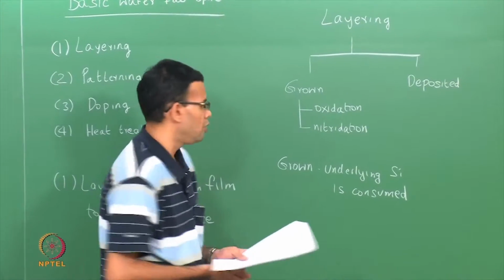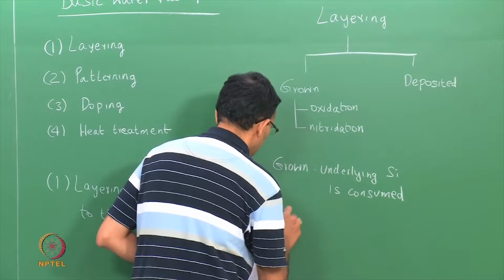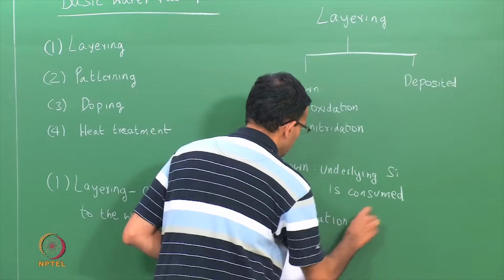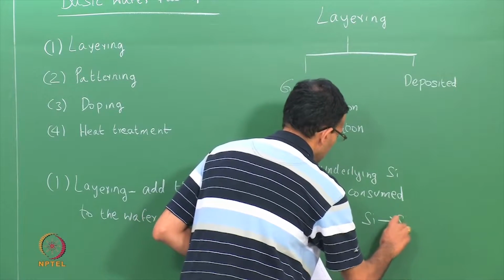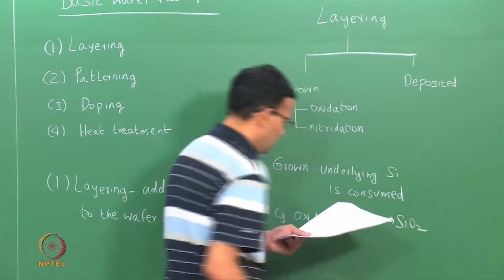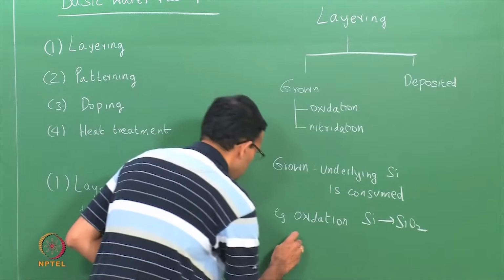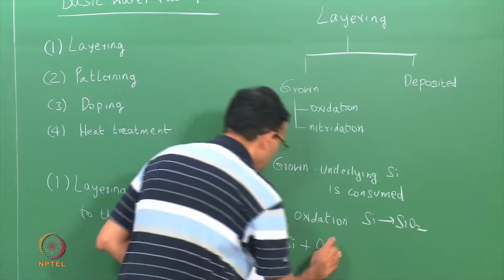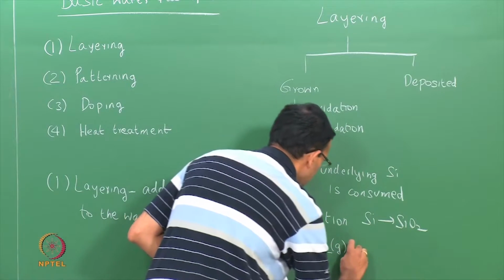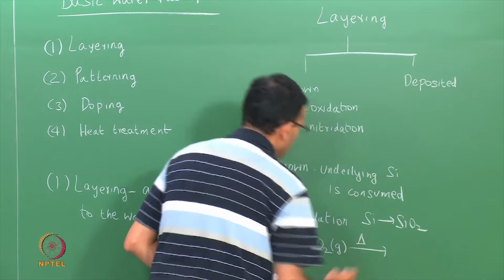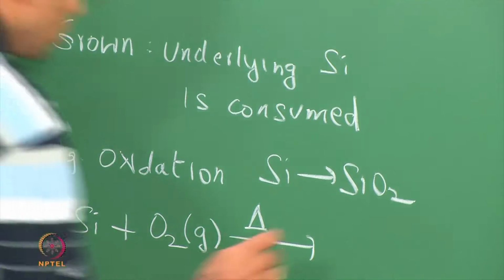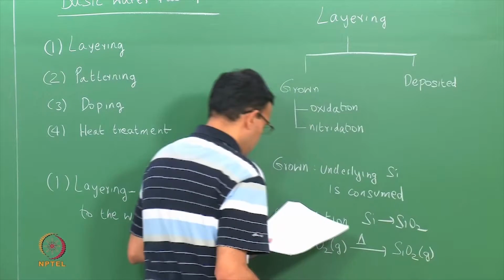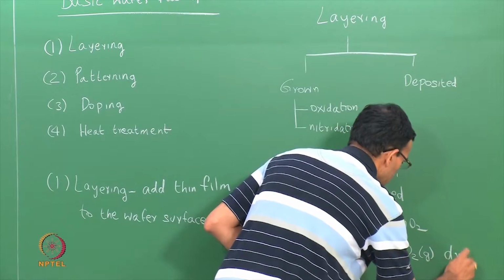To give an example of oxidation, in oxidation your silicon forms SiO2. The simplest way to form this is by reacting silicon with oxygen. So oxygen is a gas. Typically this is done at high temperature to form SiO2. This is called dry ox.